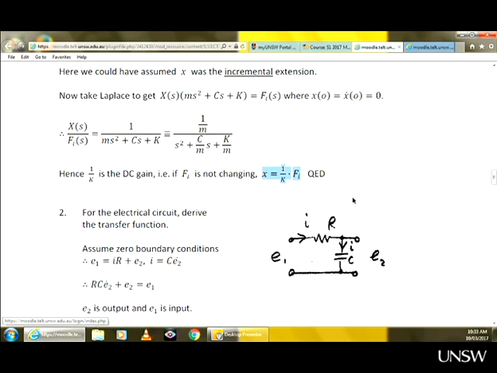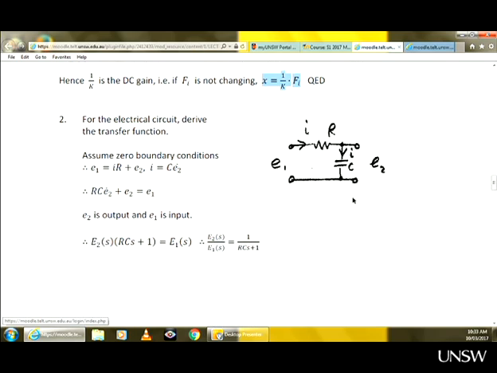Now time constants. First, let's start with an electrical system. Electrical circuit containing a resistor like this and a capacitor like this. So input voltage is E1, and output voltage E2. And as a result of voltage E1 applied, you have current I going through this loop.